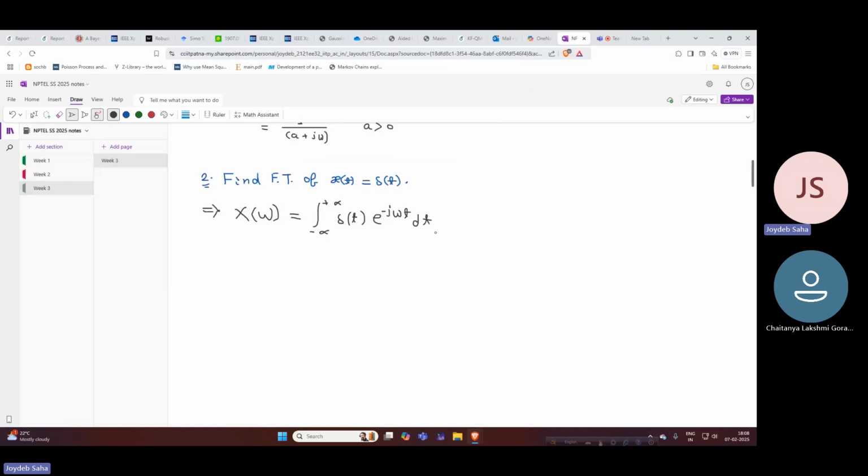Now the question is, if we break it in three terms, one is from minus infinity to 0, then at 0, and then 0 to infinity. Or rather we can write minus infinity to 0 minus, 0 minus to 0 plus, that means at t is equal to 0, and 0 plus to infinity.